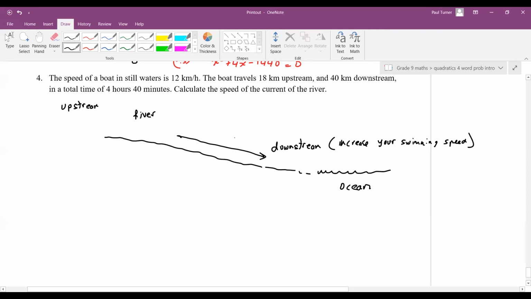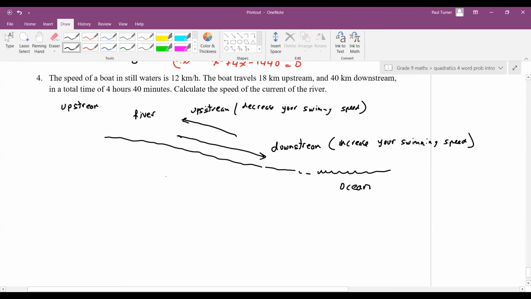The current is the movement of the water. So if you try to swim upstream, this is going to decrease your speed. It's going to slow you down. Decrease your swimming speed. It's the same with the boat.